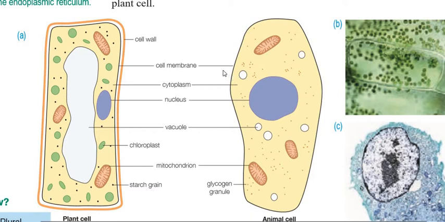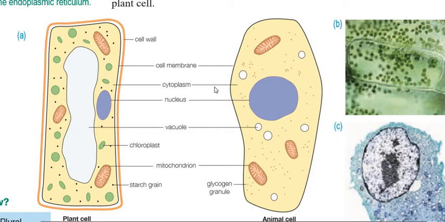So the cell membrane is partially permeable, meaning it only allows some substances to go in and some substances to come out. So basically it controls everything that goes in the cell and comes out of the cell. That's the job of the cell membrane.